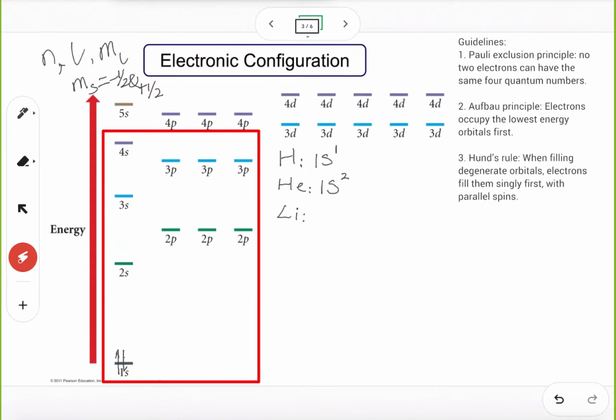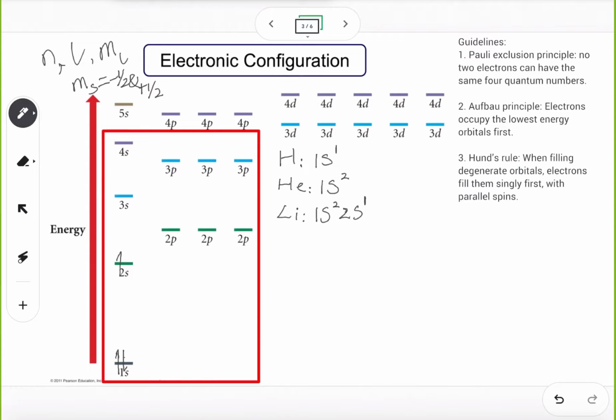So the third electron should go to the 2s orbital. In this case, for lithium, the electronic configuration would be 1s2 2s1.